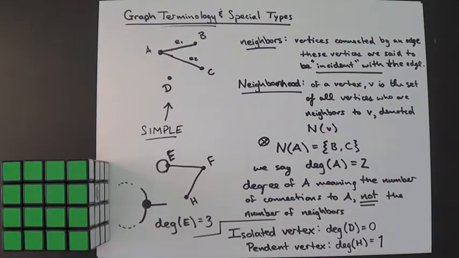So we've got an isolated vertex and a pendant vertex.